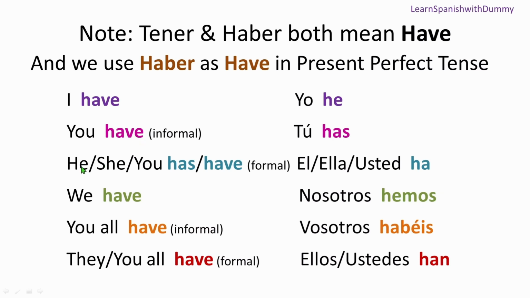Only when it's about he, she, it becomes has. So this transformation is conjugation. But in Spanish, there is a transformation in every one of them. So this is something you need to memorize, you need to remember, okay? And we use it accordingly. Like whenever you speak about the first person, you say I have, then you always say yo he. Okay, you have, tú has, like that.